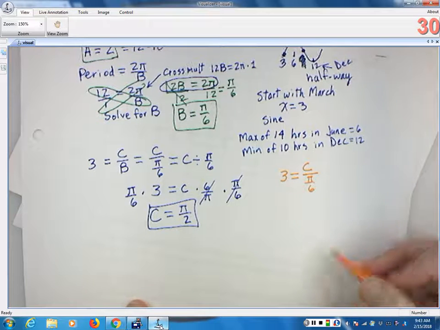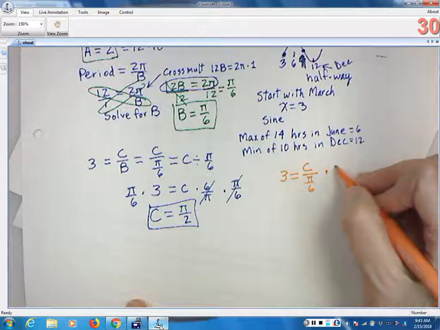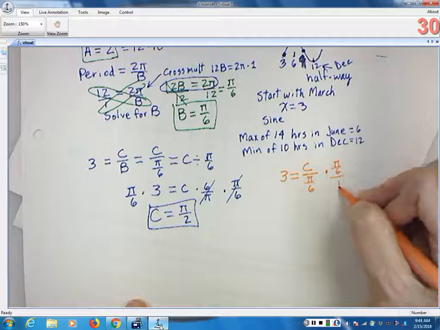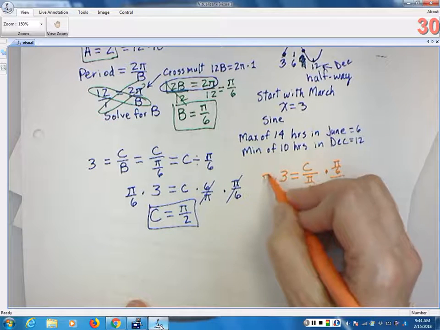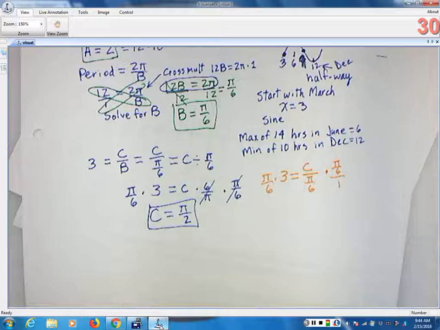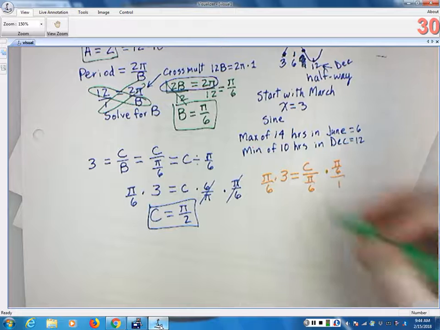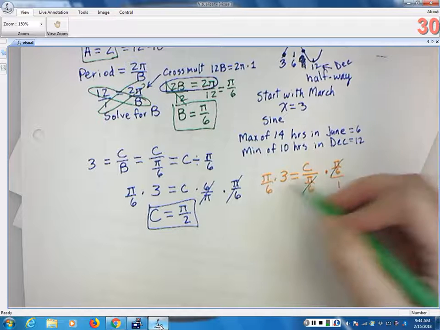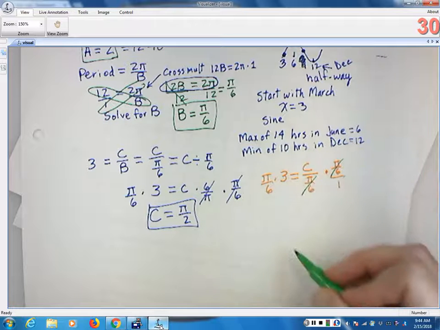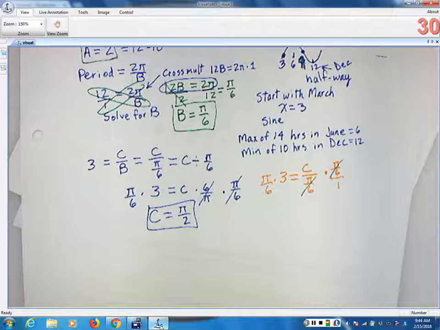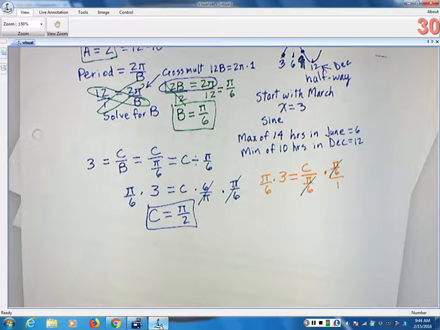To get rid of the pi over 6, we just multiply by pi over 6 over 1. I didn't have to go through all this flipping, really. I think this would be better. And if you have it like this, that's just C, which is pi over 2. So don't do all this extra flipping.